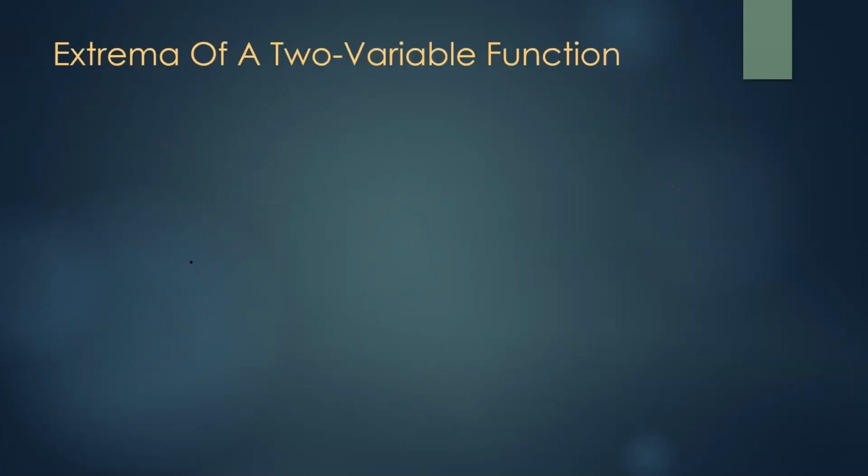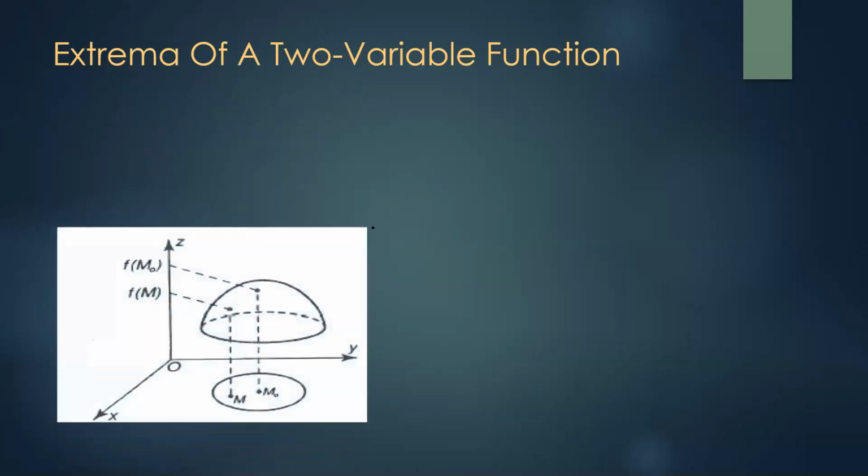All right. Now, how to find the local minimum, local maximum points of a function of two variables. So now let's see the situation, what it looks like. Imagine we have a surface where the function has a local maximum. A local maximum basically means that there is some neighborhood, some small circle, it might be very small, around the point M0.